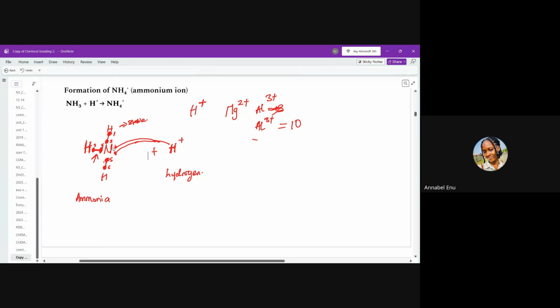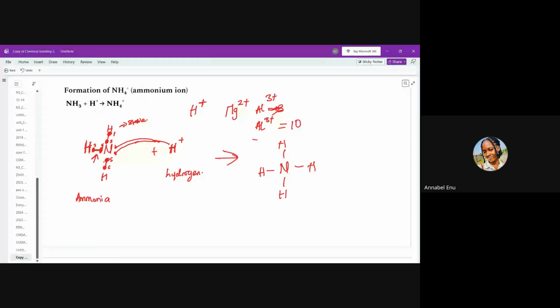So now these pairs are going to be shared with hydrogen. It is the lone pair from nitrogen that is bonding with hydrogen. Hydrogen is not sharing anything. Hydrogen is not contributing anything. It's only nitrogen that is contributing. And so this whole process here will now turn into this, where I said each line bond represents 2 electrons.